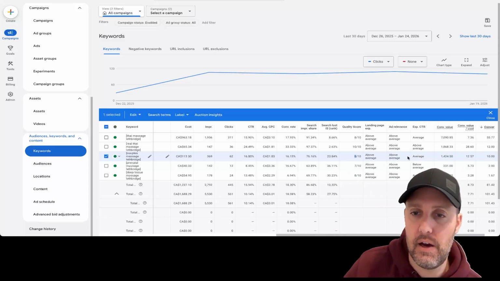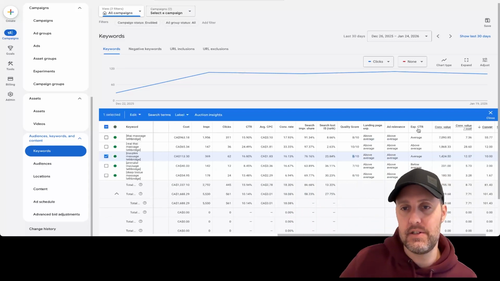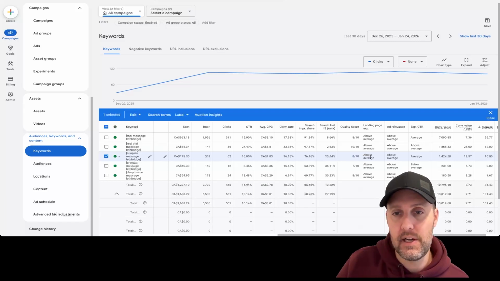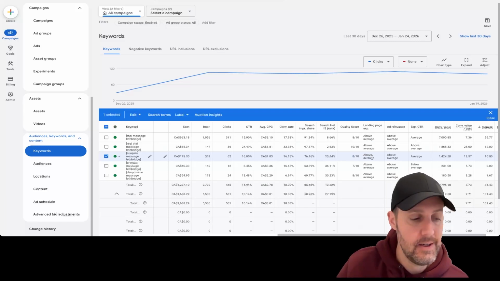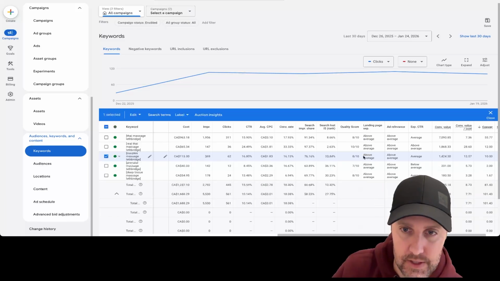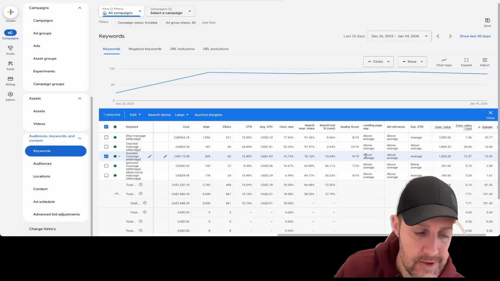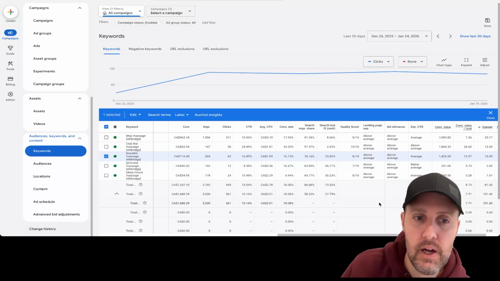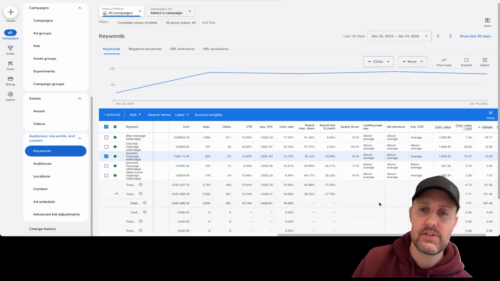Now, let's take a flipped perspective on this and say maybe this has a really poor landing page experience. We're going to get some indication of this here. This is really often the case. We've done a lot of work to optimize the landing pages for these services, but it's very often the case that your landing page experience is going to be low, and that is absolutely something I would flag.